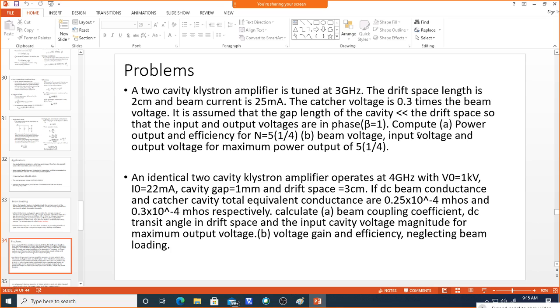Now for this n, we have to calculate the beam voltage, input voltage and output voltage for maximum power output. How to calculate this? Use the expressions which I have already given here.